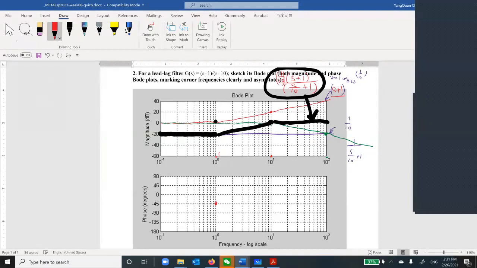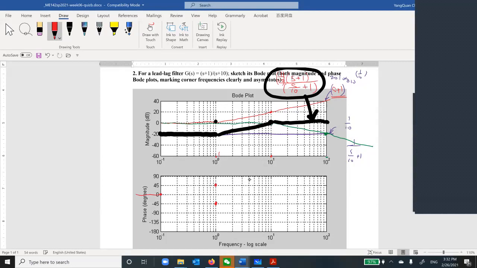But remember, at the breakpoint 1, it should be, sorry, it should be positive 45 because it's in the numerator, right? So this one has to pass. Then I go 1 decade less, which is here. Okay, 1 decade less. This will go to 0. Everything beyond that is 0.